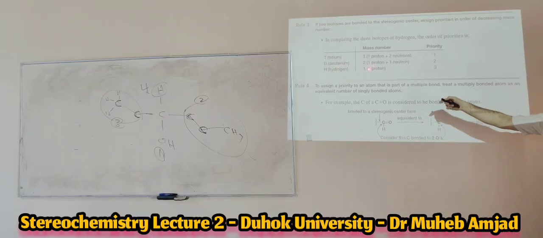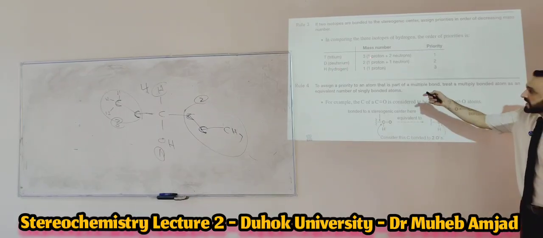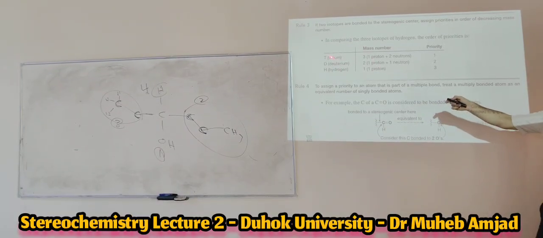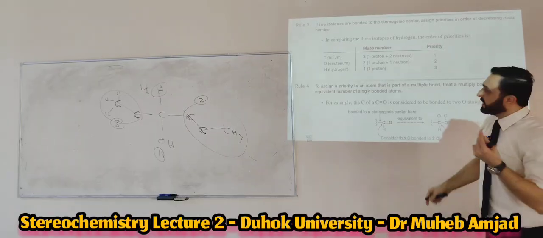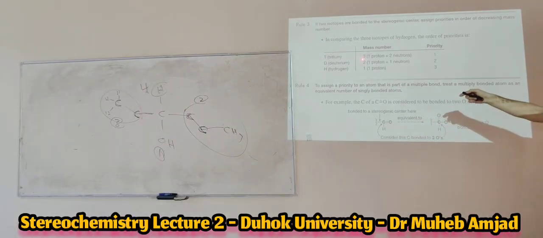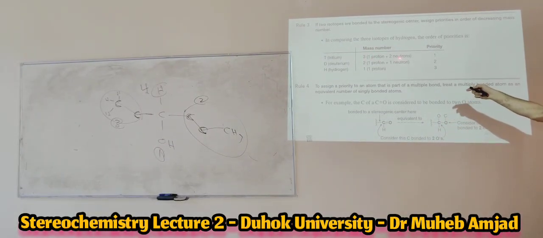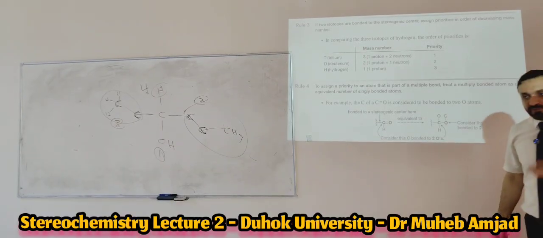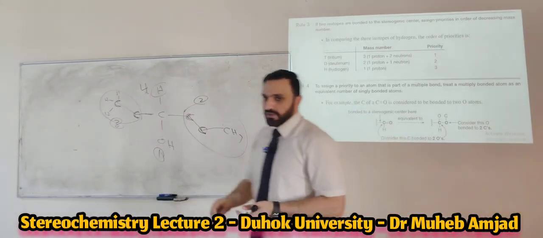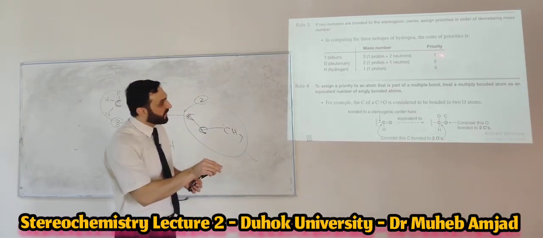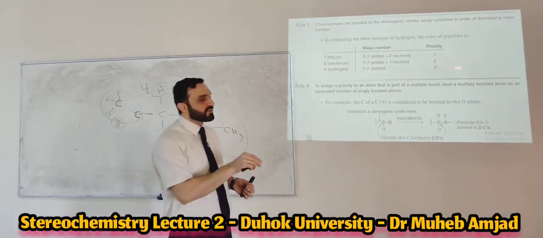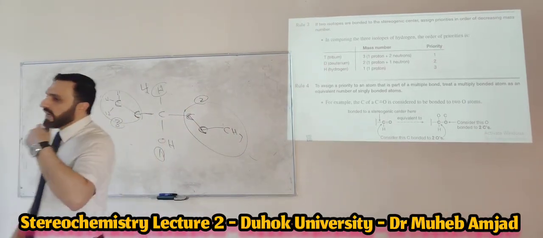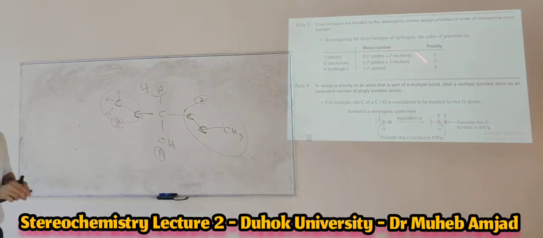For deuterium, the mass number is 2, because it has 1 proton and 1 neutron. For tritium, the mass number is 3, because it has 1 proton and 2 neutrons. Which has the higher priority? Tritium will be number 1, deuterium number 2, and the hydrogen, as I told you, is the last, number 3.